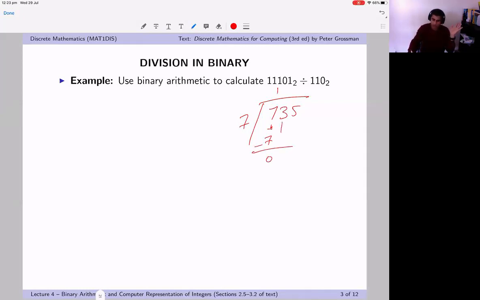Then bring the 3 and 5 both down, 35. Now I want to divide them. 7 divided into 3 is not possible, so I put a 0 here. Then 7 into 35, combined together, is 5. So this is 35, and the remainder is 0.